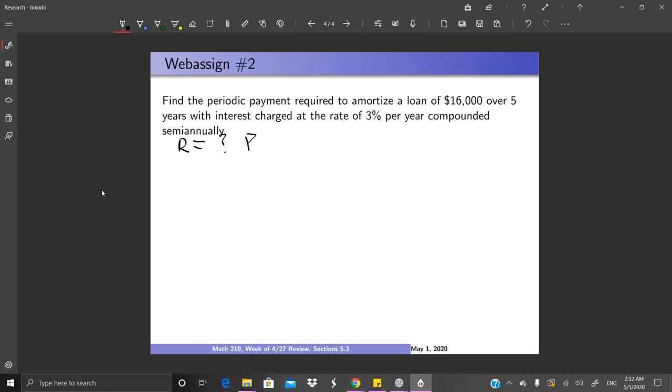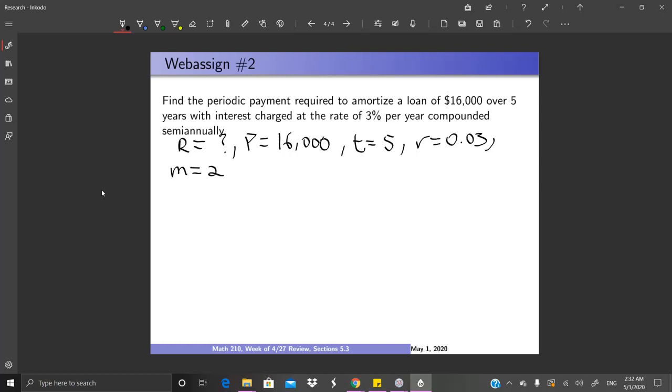We know that P is equal to 16,000. T, time, is 5 years. We know that r is equal to 0.03, and finally, M is equal to 2. That comes from the semi-annually part.